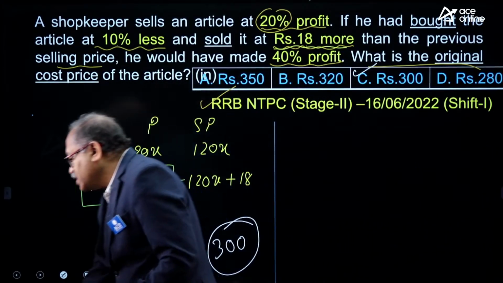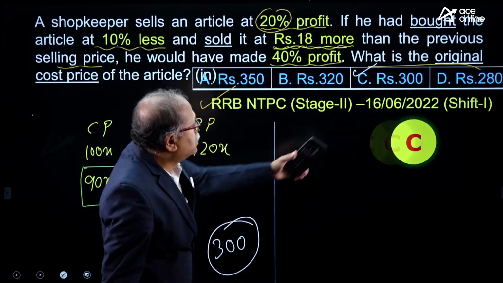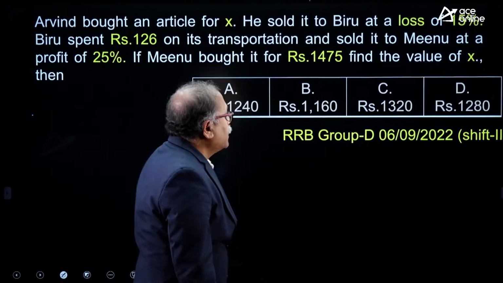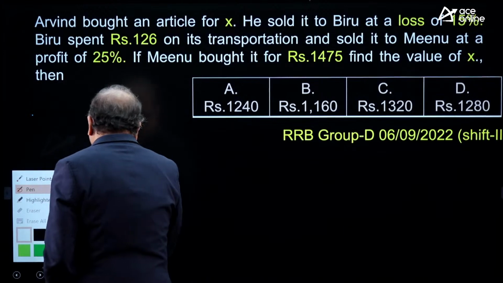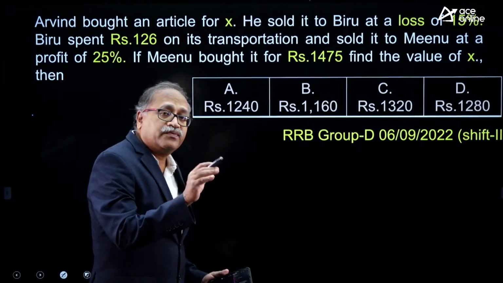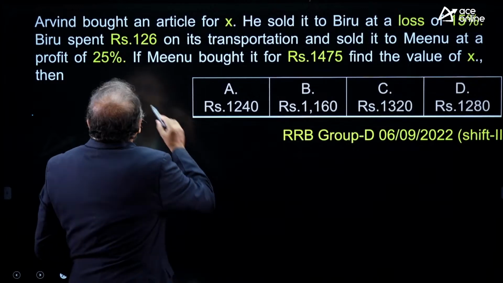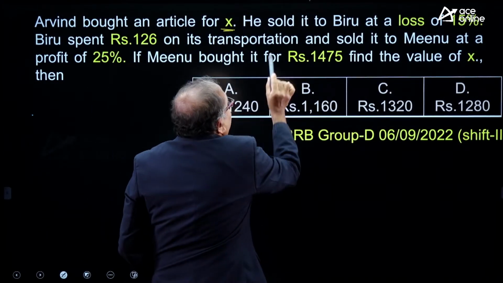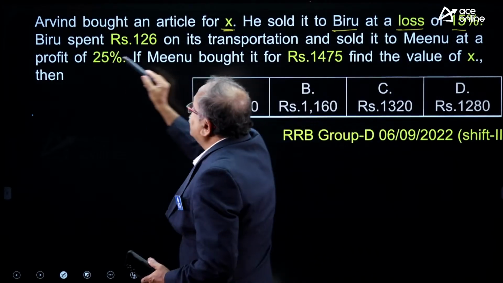So I am moving on to the next question, my dear friends. The answer for the last question, option C, that is 300. Next question, and it's here. All the models I selected and picked up from previous year questions to make you understand the level of question. Now here what it says: Arvind bought an article for rupees X. He sold it to Biru at a loss of 15%.